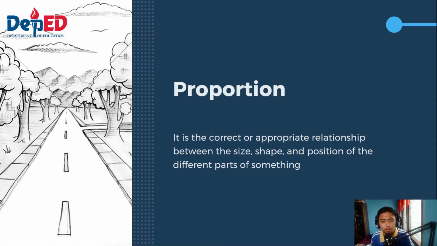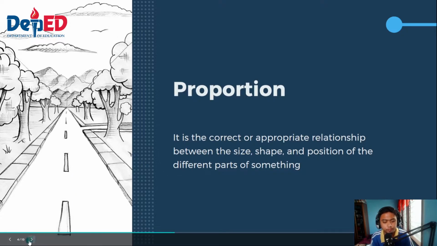In proportion, we are not just talking about size, shape, and position, but also the perspective, where you are looking at on the image or the illustration that you are doing.